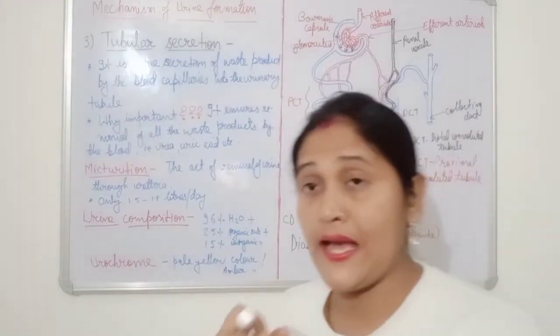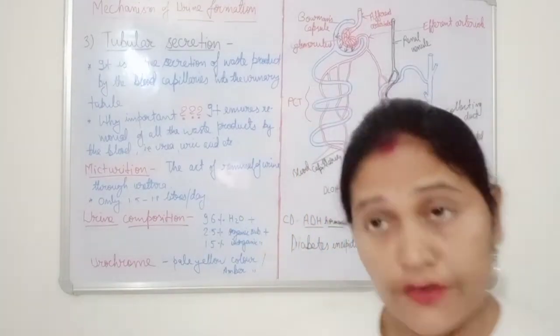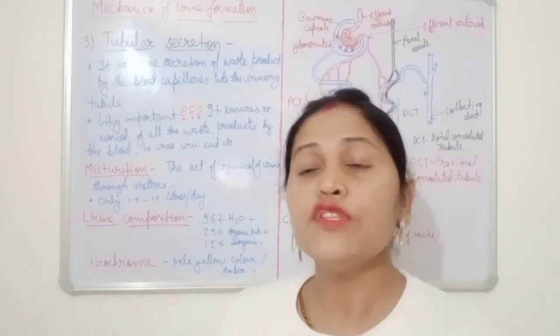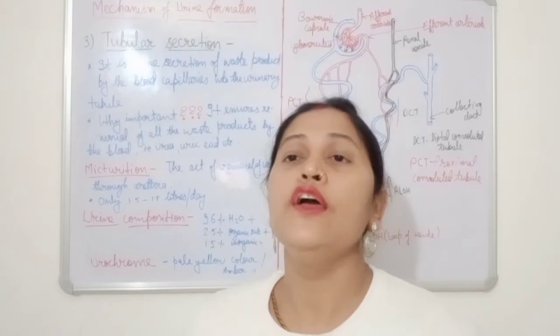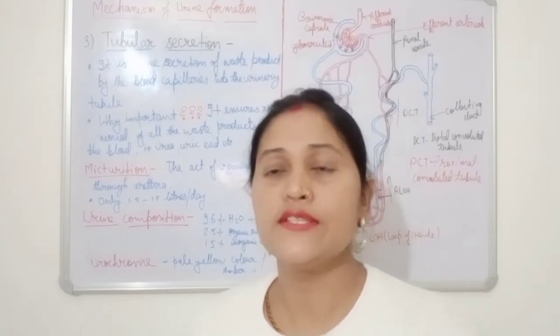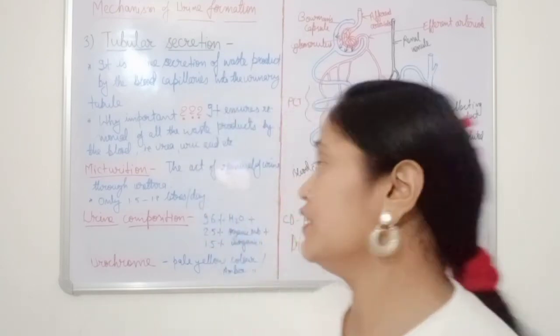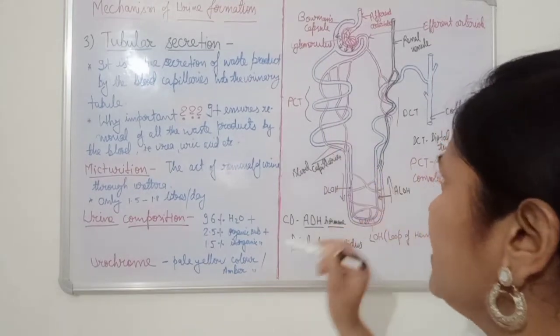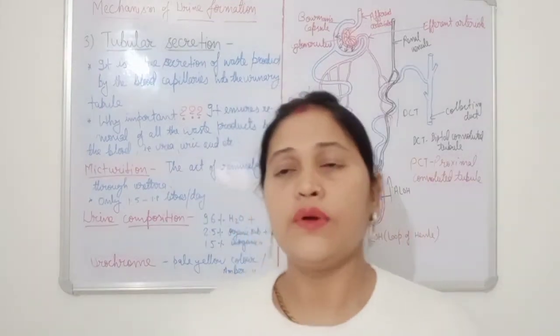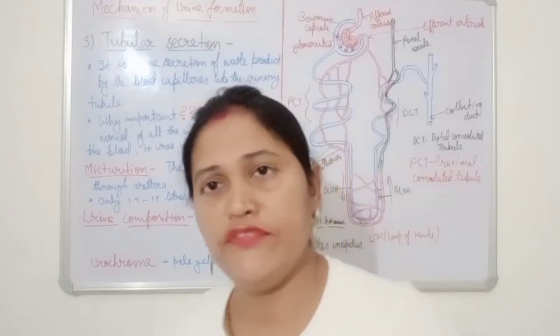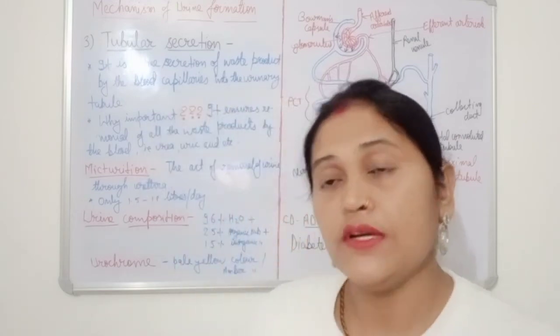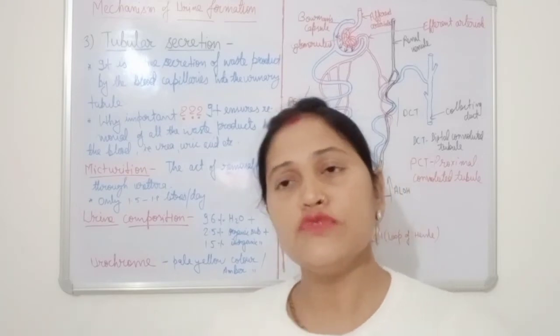Blood capillaries reabsorb useful substances that are present in the nephric filtrate. Each and every part of the nephron is surrounded by blood capillaries, and these capillaries reabsorb useful substances.